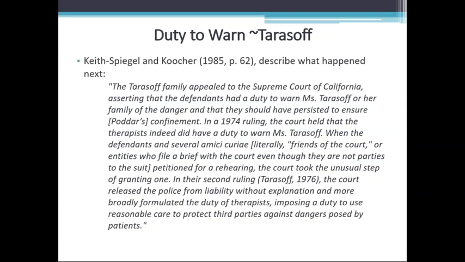And in the second ruling, the court released the police from liability without really providing any explanation, and more broadly formulated the duty to be a therapist's, imposing a duty to use reasonable care to protect third parties against dangers posed by patients. So again, even though they were allowed a rehearing and it was reviewed, they still released the police from liability and put that on us as therapists, as social workers, as counselors, and us having the responsibility of duty to warn to protect a third party.